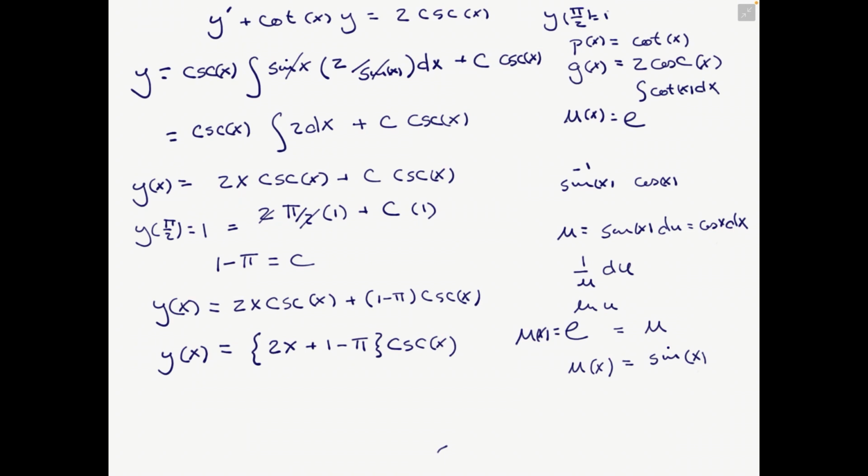So let's turn to the page and see if I screwed up in any way. Yeah, that's it. 2x plus 1 minus pi. Yeah. The answer they put is this.